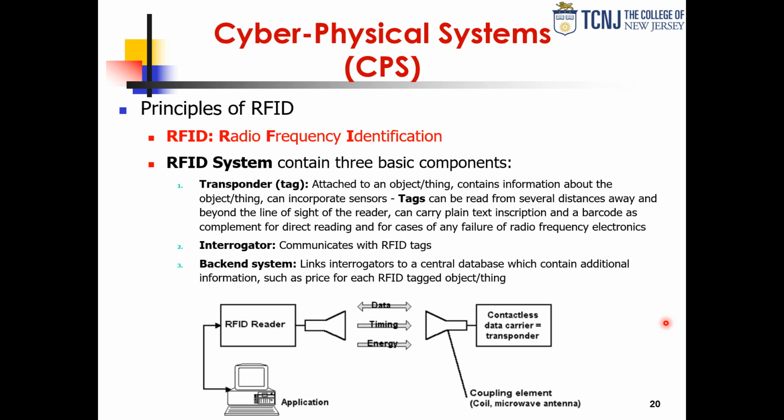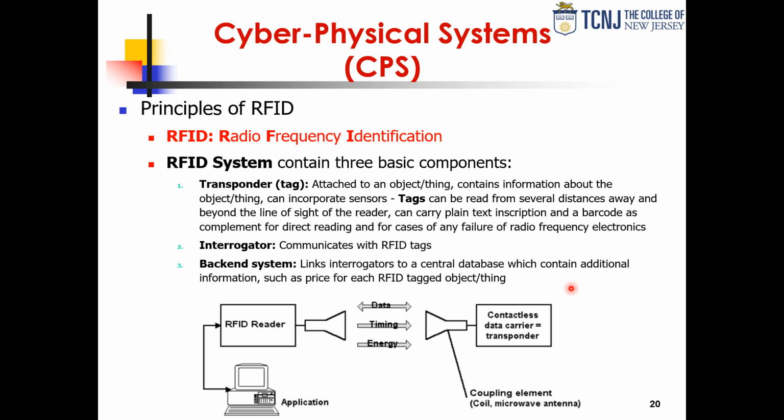So if you look at the parts of the system, here you have some type of antenna, and again, if you have a passive system, you have a capacitor, and then you have the chip. The chip has a controller, an RF transmitter, and an RF receiver.